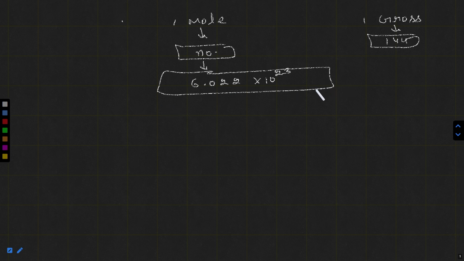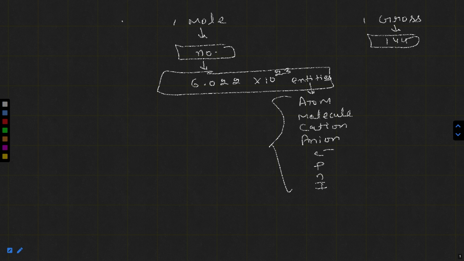This entity may be an atom, molecule, cation, anion, electron, proton, neutron, or ion, etc. So 1 mole means a number.